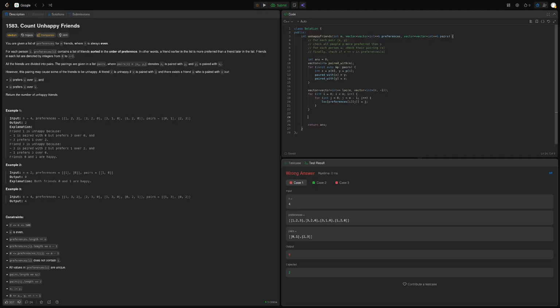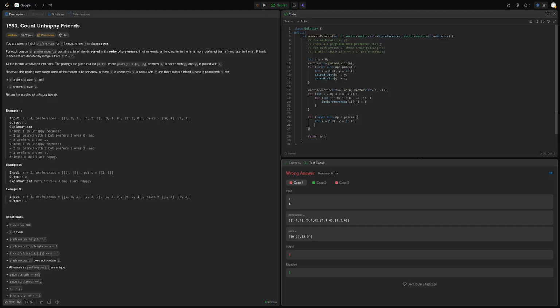And then after we have done that, we go for const auto p in pairs, p0 is x, p1 is y.